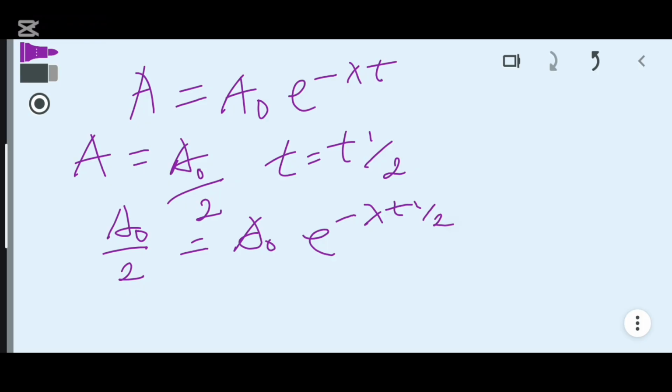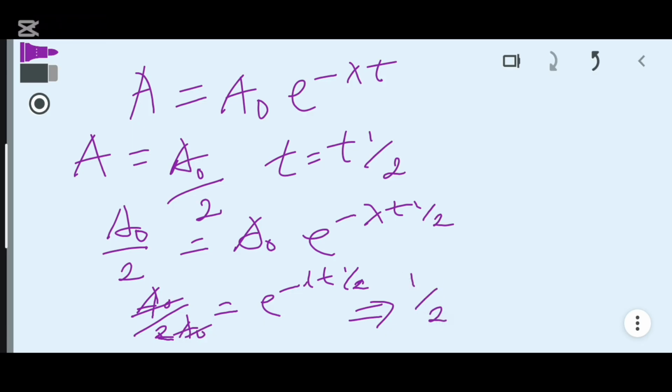Collecting like terms, we have A naught divided by 2 over A naught equals exponent of minus decay constant times half-life. A naught cancels, giving 1 over 2 equals exponent of minus decay constant times t half-life.